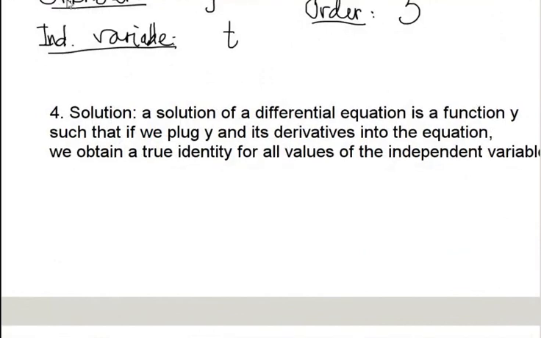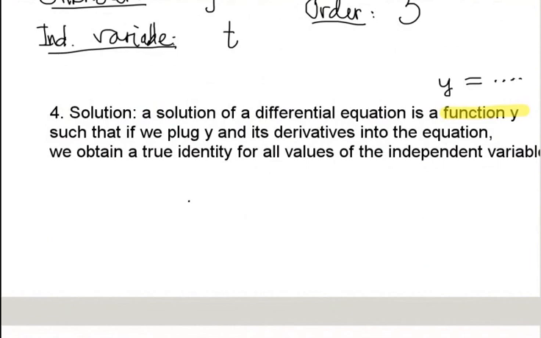So notice that a solution must be a function. This is quite different from a regular equation in college algebra. Here, any solution should be a function y, meaning that we should have something like y equal to an expression in terms of the independent variable.